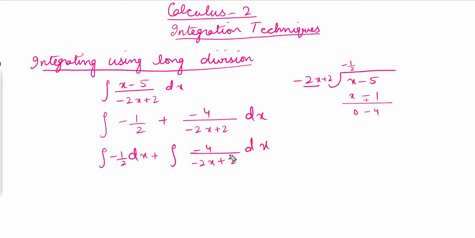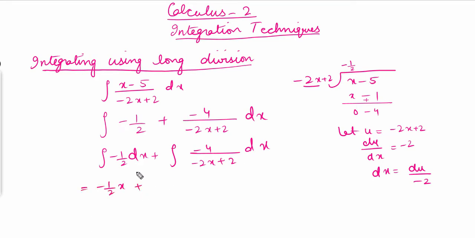For this purpose I'll use a u substitution. I'll say that let u be equal to minus 2x plus 2, so that du over dx will become equal to minus 2, and dx will become equal to du over minus 2. So this one will become minus 1 over 2x plus, over here we'll have the integration of minus 4 over u, and for this one I'll put du over minus 2.